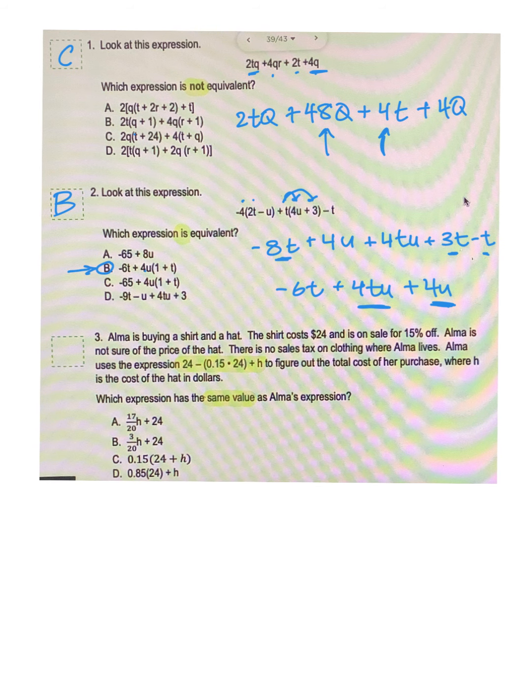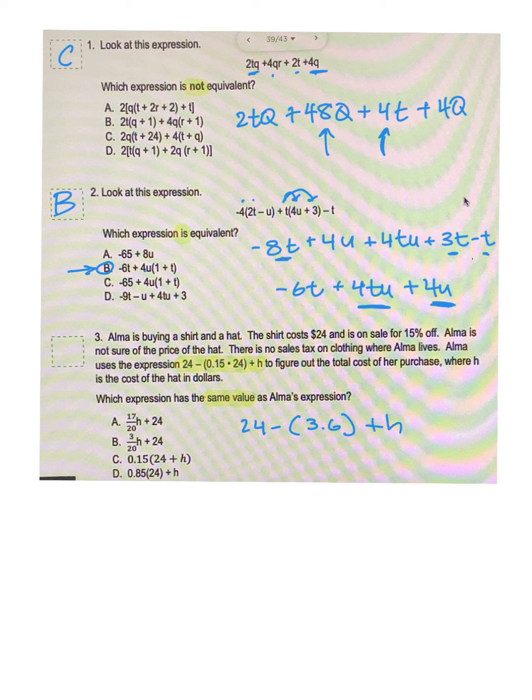For number 3, we're still trying to find equivalent expressions. So if I take the one that's highlighted, on the inside, if I multiply 0.15 times 24, we get 3.6 plus h.